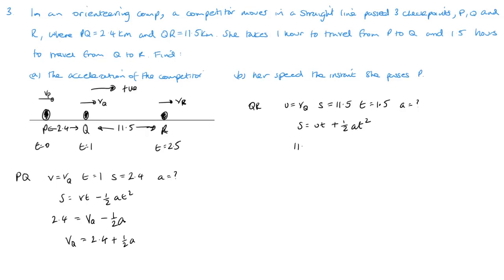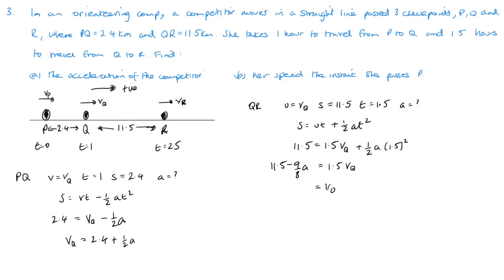So S is 11.5, and then it's 1.5 VQ plus a half A times 1.5 squared. So that means 1.5 VQ is 11.5 minus 9 over 8 A, and then divide by 1.5.